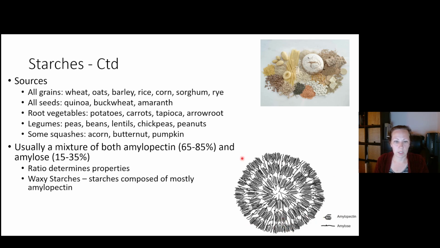This figure here is an example of a starch granule. When the starch forms, it is a mixture of the amylose and amylopectin, and it will form a granule. These two groups of amylose and amylopectin interact with each other to form kind of like a ball, and you'll find it looking like that.